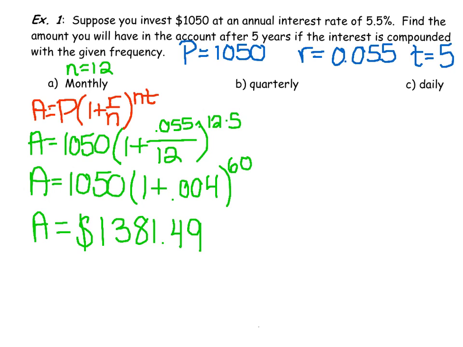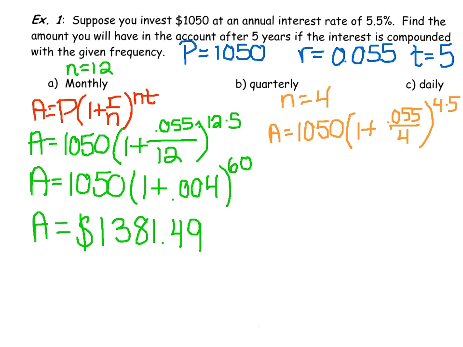All right, if we look at quarterly, here it says we are compounding 4 times a year. So we're going to plug in everything to be the same. A equals 1,050 times 1 plus 0.055, but now I'm going to be dividing by 4, and then I'm putting it to the power of 4 times 5.